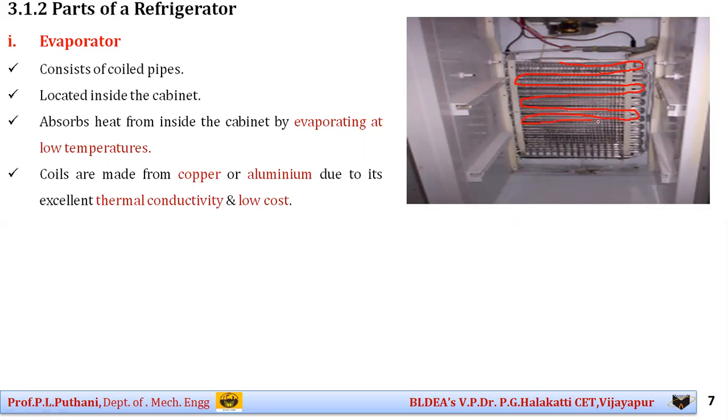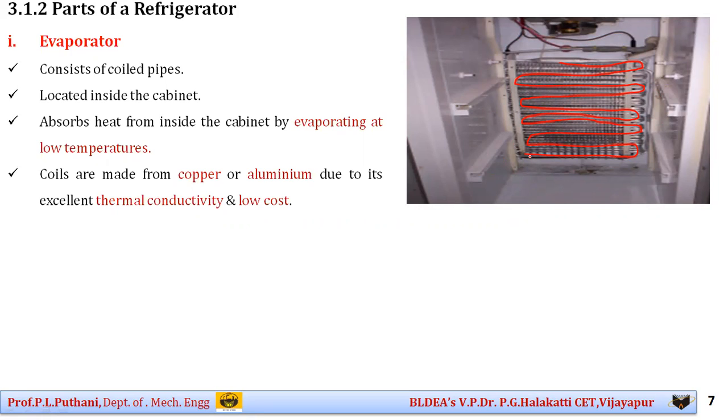When this refrigerant absorbs the heat from the food materials, there is a drop in the temperature in the refrigerator, and by absorbing the heat, this refrigerant evaporates at low pressure, changing from liquid phase to vapor phase.